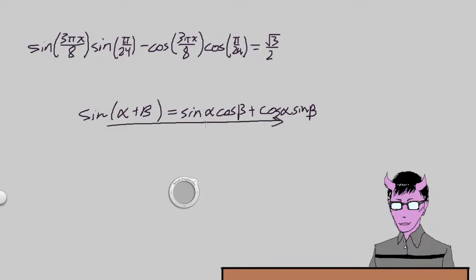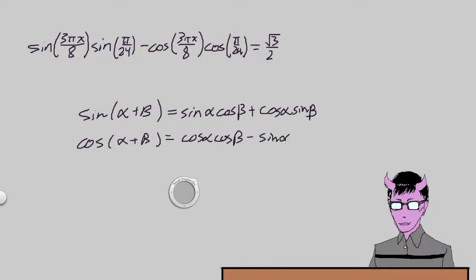So that's the sine expansion, and if we have the cosine expansion, let's say we have cosine of alpha plus beta, then we keep the trig functions together, so it would be cosine, cosine, flipping the sign, and then sine, sine. So that's the expansion for this one.